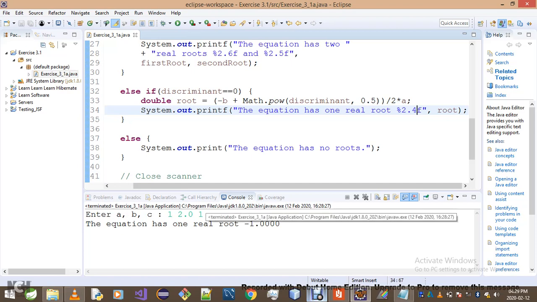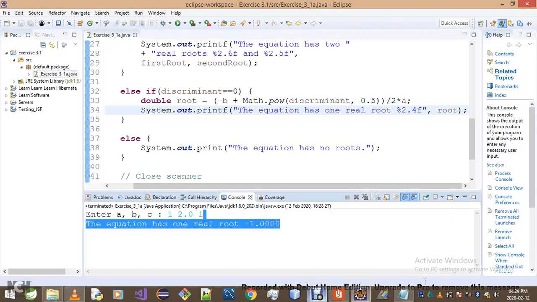See, if you put another number here, another number for A, B, and C. For example, let me try to put something else. However, I want B squared minus 4AC to be 0. Or it doesn't matter.